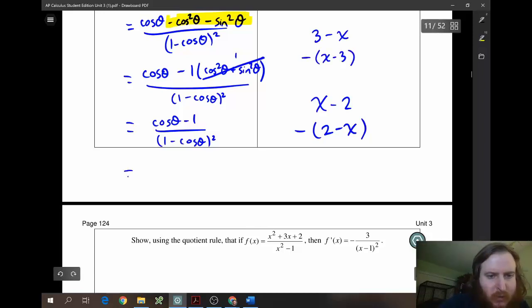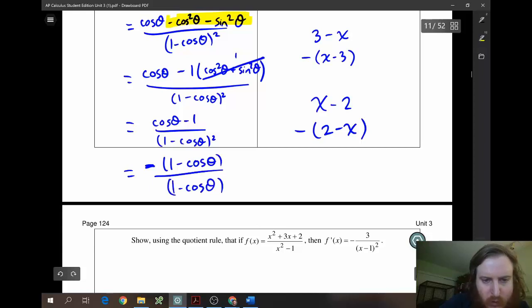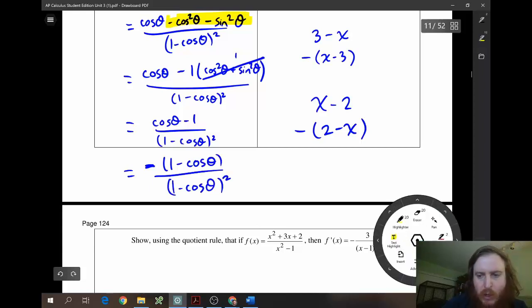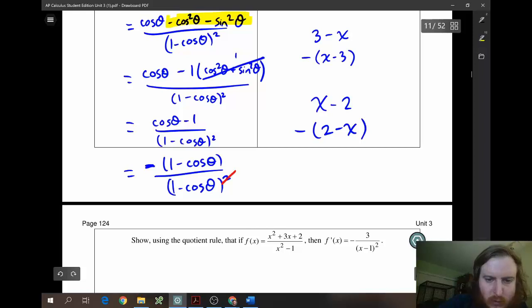Whenever you see that they're flipped in the wrong order, you can factor out a negative sign and make this 1 minus cosine of theta divided by 1 minus cosine theta squared. And now that's going to cancel out.